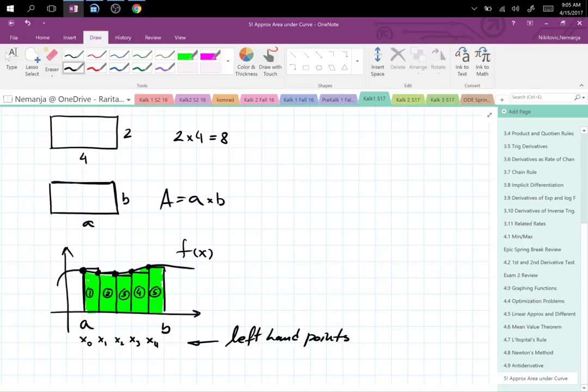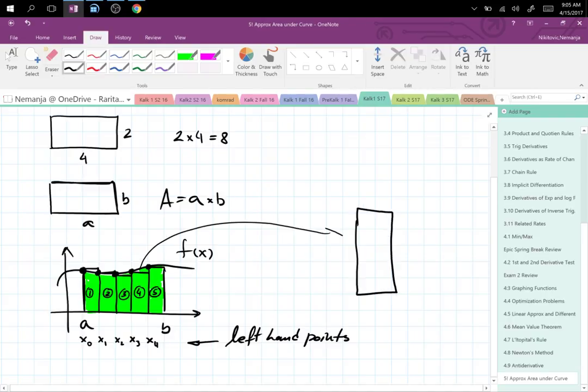Now, if you take one of these rectangles, it doesn't matter really which one, we're just going to draw this larger. So let's say this is a rectangle number 4. You will see that rectangle number 4 stretches from x3 to x4, and the point on top, which defines the height, is given as x3 comma f of x3.